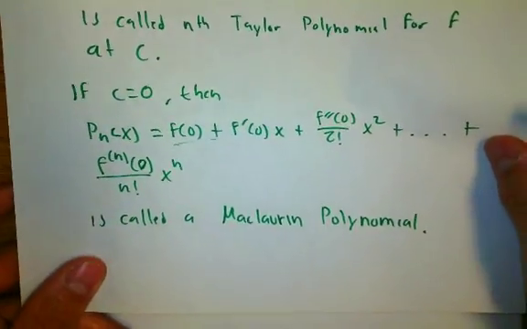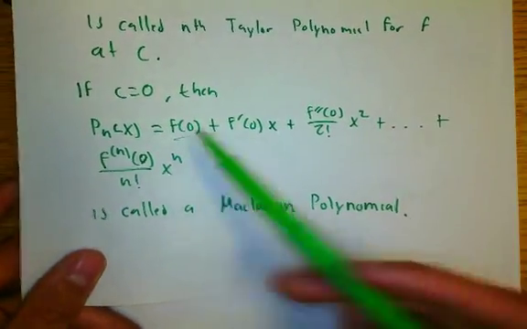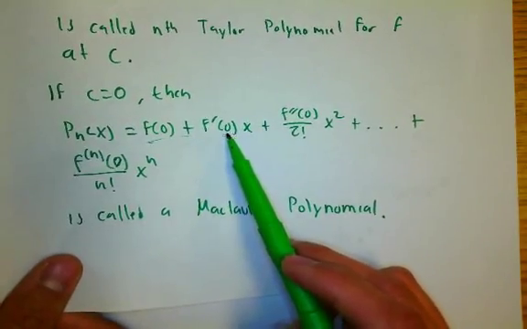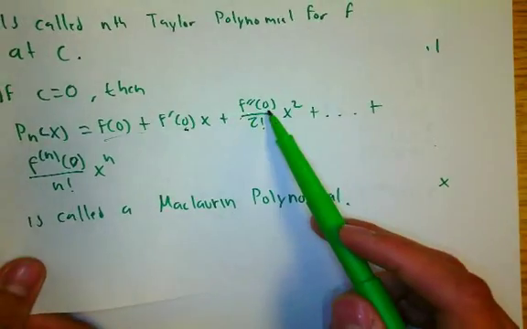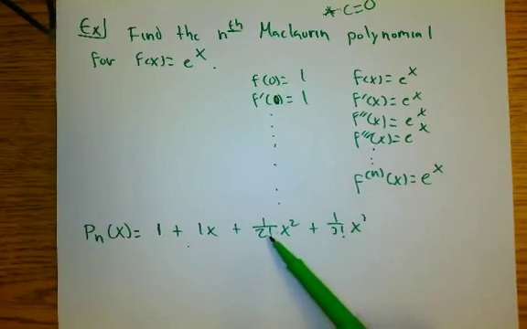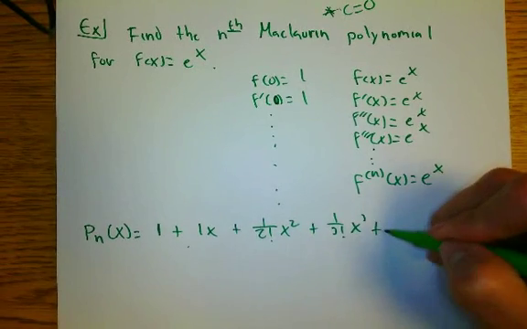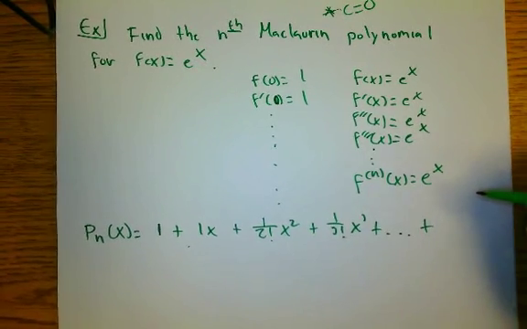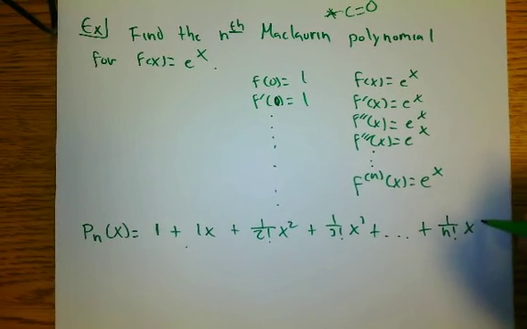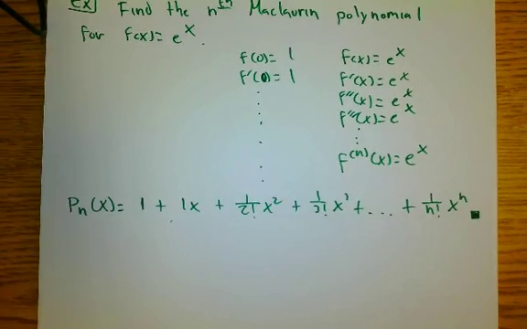Literally you're plugging in: f of 0 is just 1. F prime of 0 was 1, so 1 times x. F double prime of 0 was 1, so 1 over 2 factorial times x squared, and so on, until you get to your nth term, which in our case would be 1 over n factorial times x to the n power. And that would be the nth Maclaurin polynomial for e to the x.